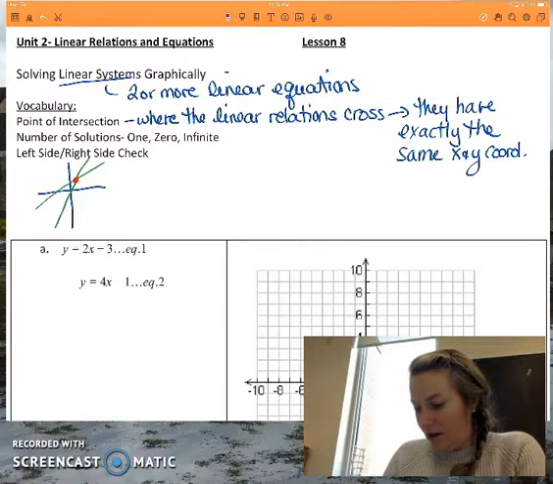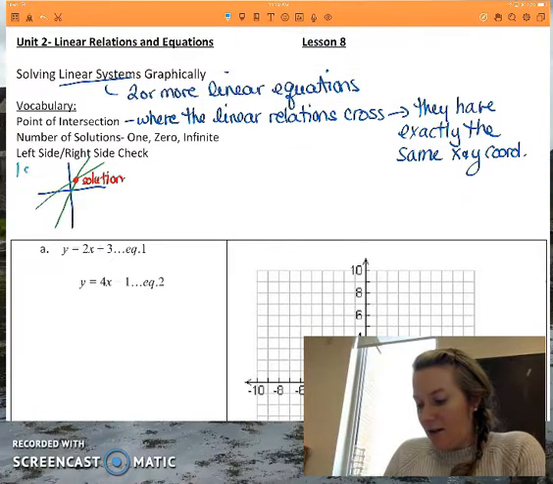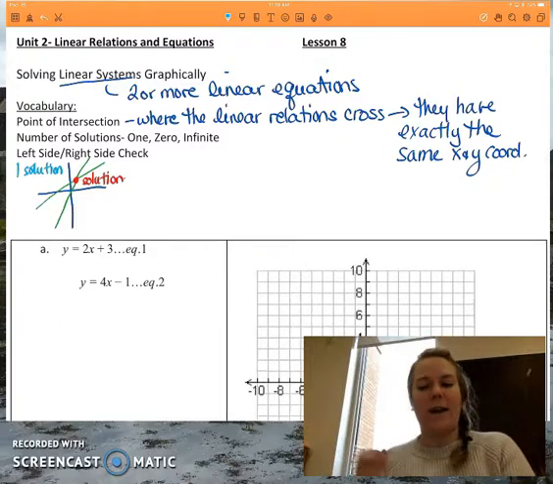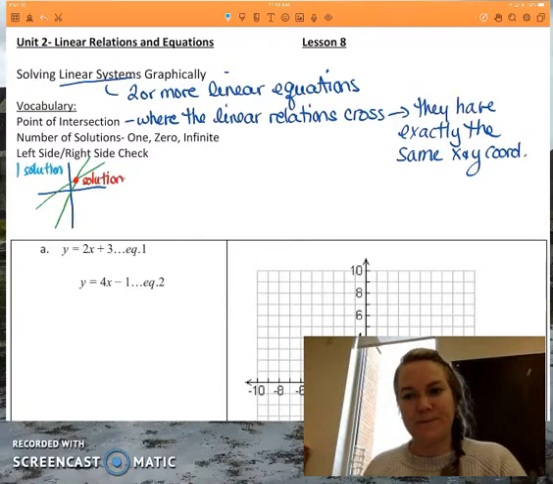That point there is a solution. So this is one solution. Every point of intersection is also called a solution. So that's just something to keep in mind. That's a term that we use all the time.